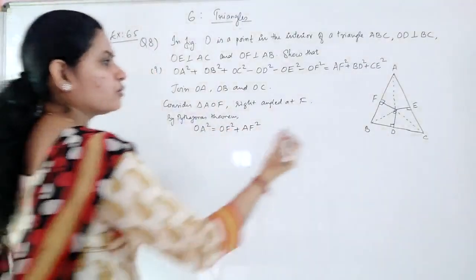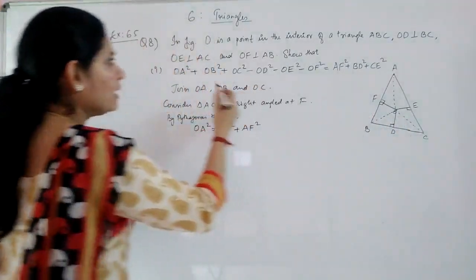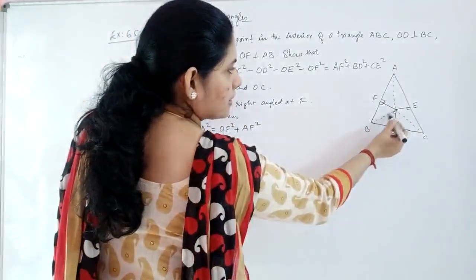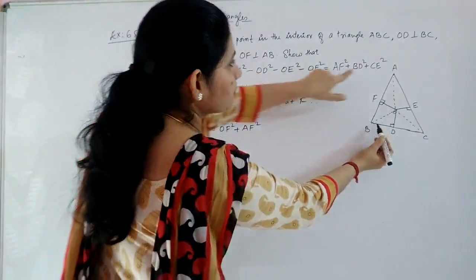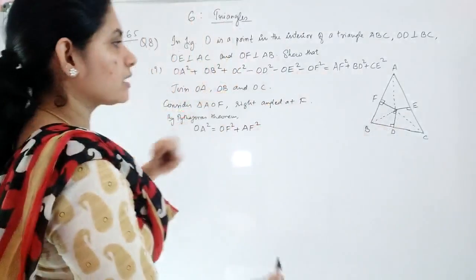Okay, next we are moving to the next triangle, which is BDO. Why? Again, you can see OB is there, then BD is there, and OD is there. That's why we are considering that triangle.